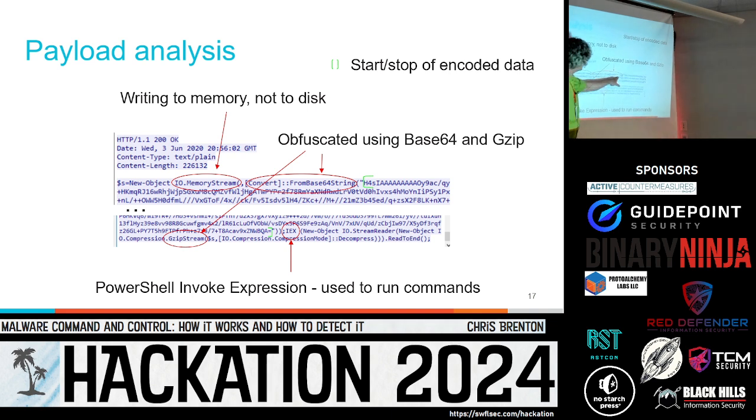And then here we see from base 64. In other words, yeah, we could have just sent this in ASCII, but we decided to convert it to base 64 before sending it across the wire. Why?